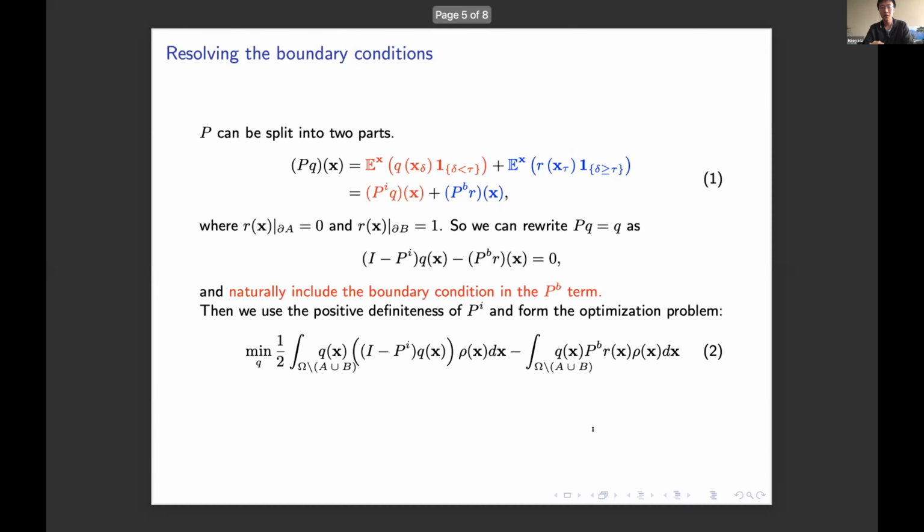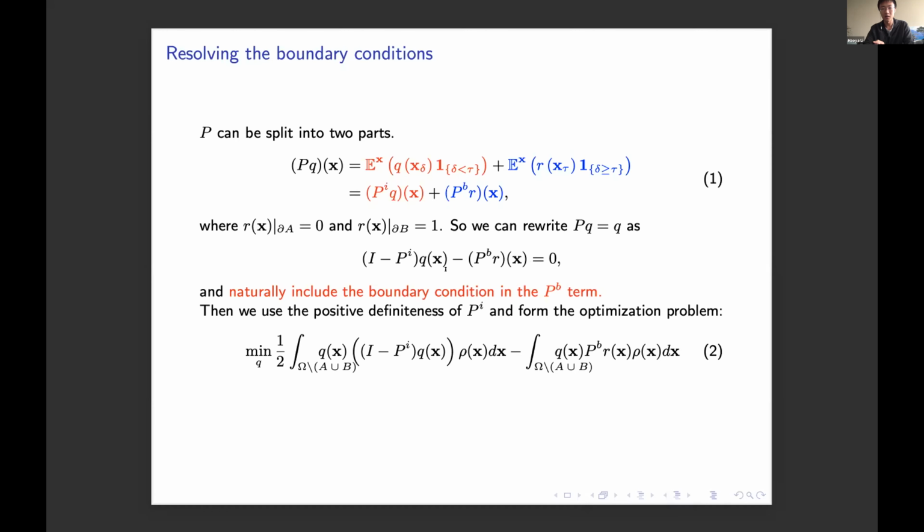Okay. And then we can split this operator into two parts according to whether delta is smaller than tau or greater than tau. If delta is greater than tau, we can just plug in the boundary conditions. And in this way, we can rewrite the original equation with these two parts, P_I and P_B.